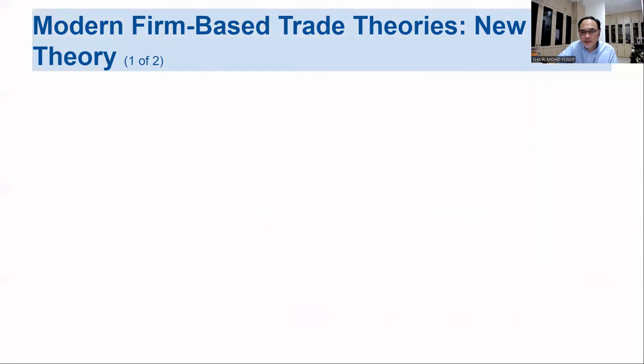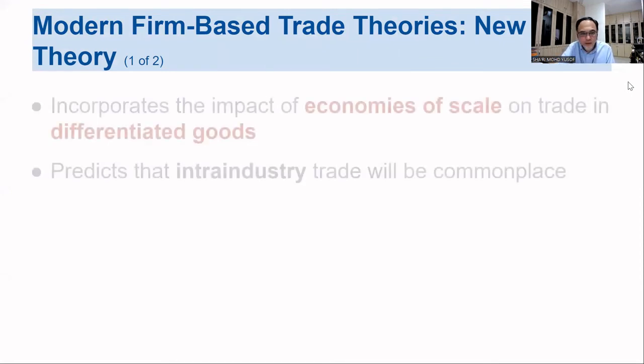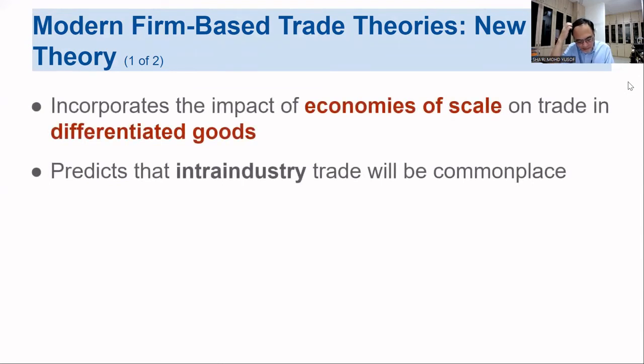Next one, new trade theory. The so-called new trade theory was developed by Helpman, Krugman, and Lancaster in the 1970s and 80s. They built on Linder's analysis by incorporating the impact of economies of scale on the trade of differentiated goods.